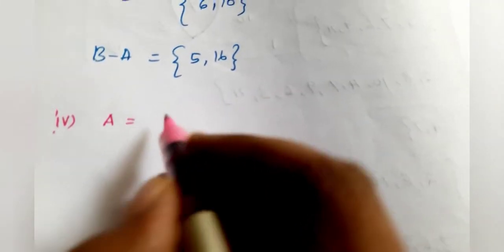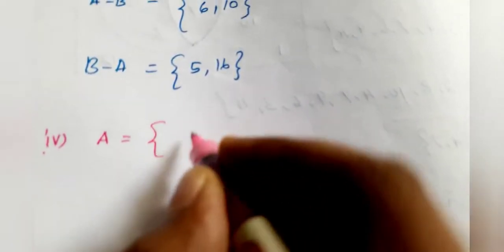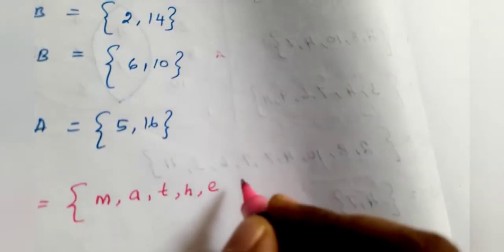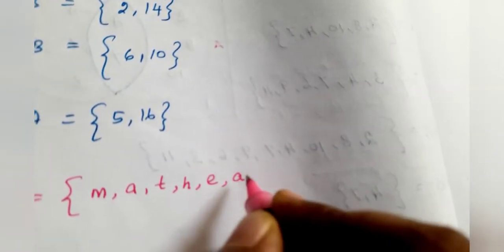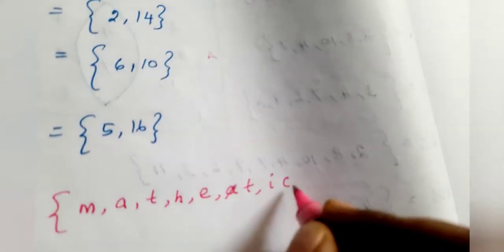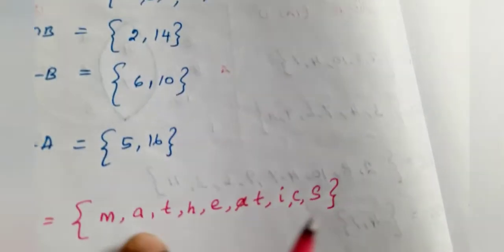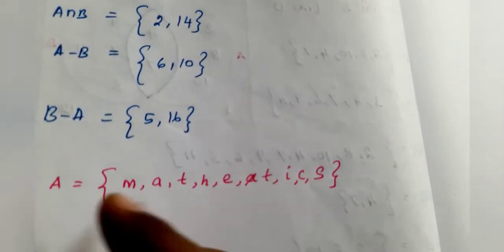Here, set A equals mathematics, given in small letters, so you can write it as it is: M, A, T, H, E, and again M is repeating, so no need to write it again. A also is repeating, so no need to write. Then T, I, C, S. So these are the elements of set A.